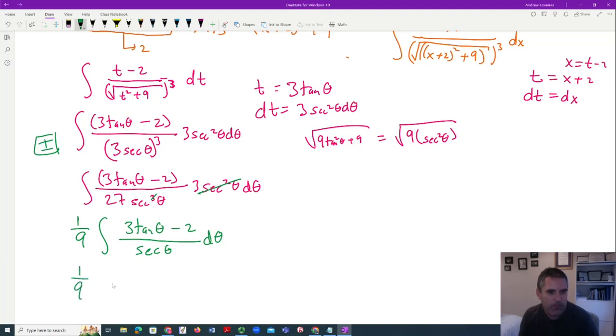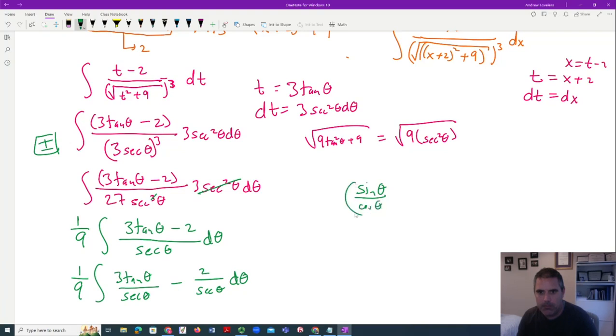Well, let's simplify it. This is going to be 3. And whenever I see something like tangent over secant, I know it must simplify, because tangent is sine over cosine, and if you divide that by 1 over cosine, it's just sine.